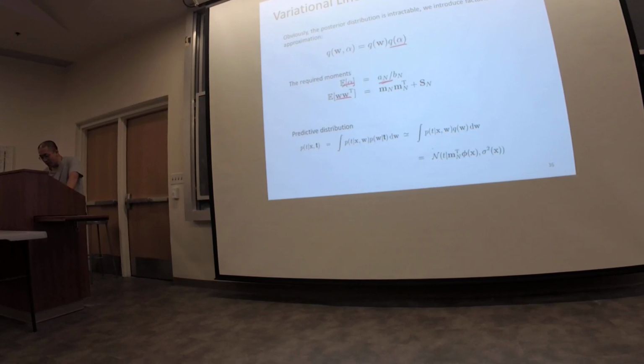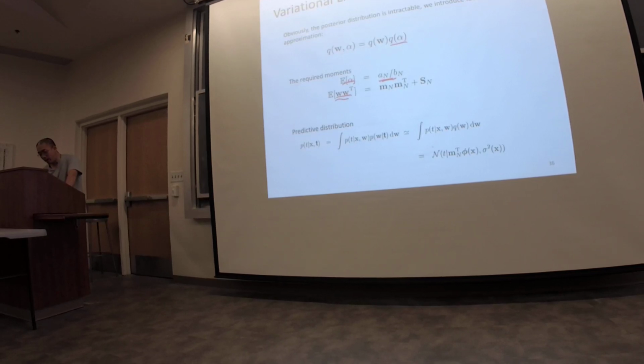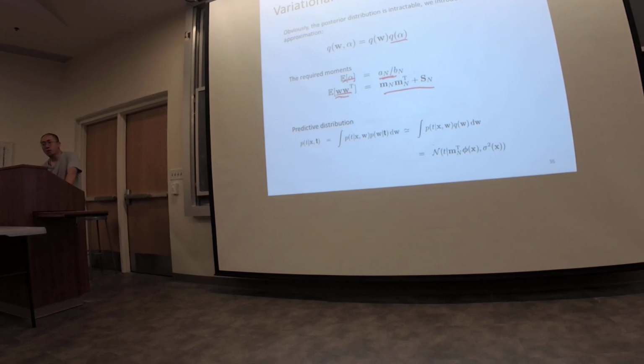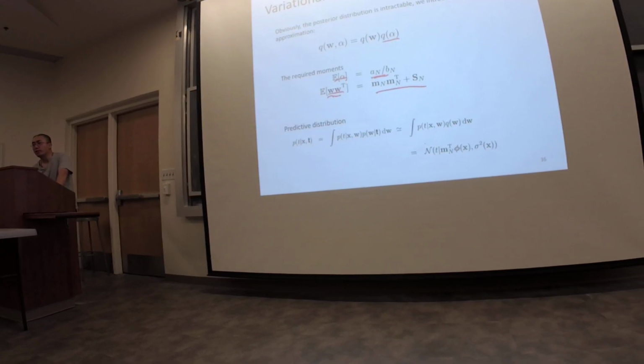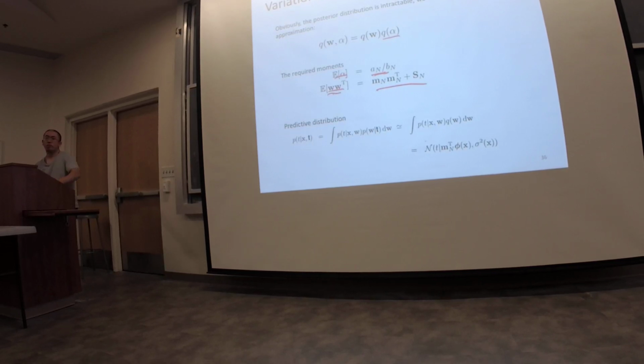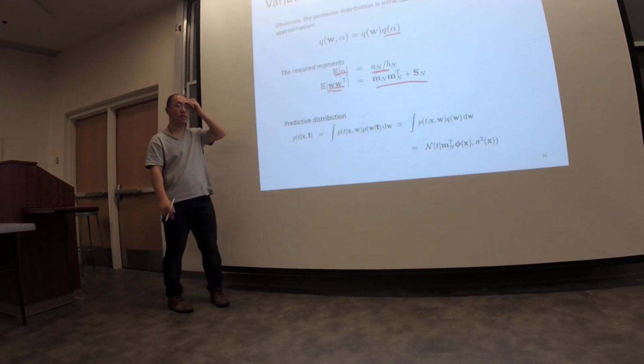So the expectation is just a_N divided by b_N. And because Q of W is Gaussian, the expectation of W W transpose is just the covariance plus the outer product of the mean vector. Then you can do this alternating update until convergence or the maximum number of iterations is achieved.